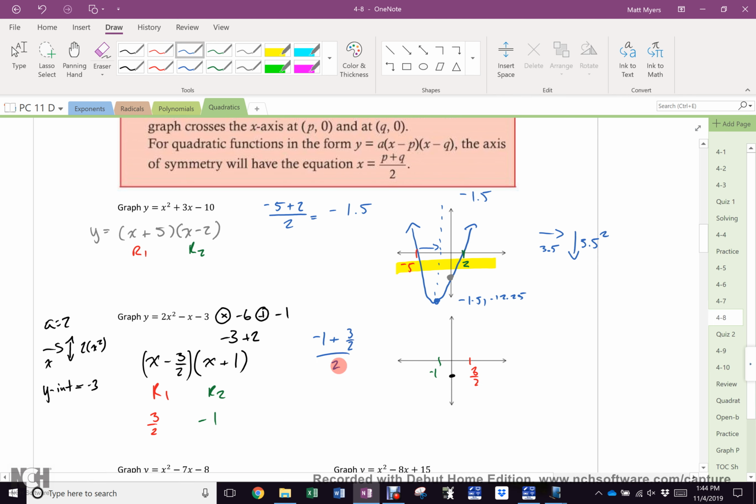Divided by 2, right? What is negative 1 plus 3 halves? It is 1 half, yes? And what is 1 half divided by 2? 1/4, because we multiply by a half and we get 1/4, yes? So what is our axis of symmetry?